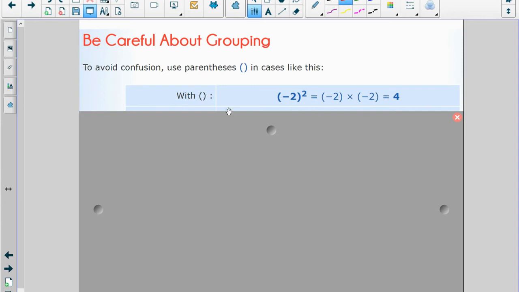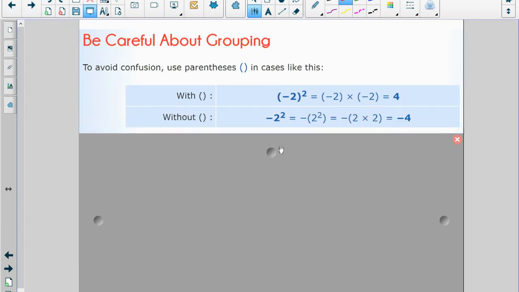As we see in a few examples here, when we have (-2) squared with the parentheses around the -2, that implies that -2 is the base, 2 is the exponent. So I want to multiply -2 by itself twice. So we end up getting a positive 4. If we don't use parentheses around that -2, what it means is that we're taking the opposite of 2 squared.